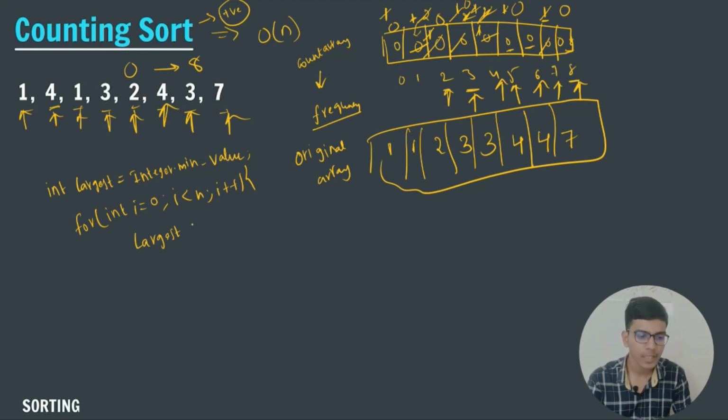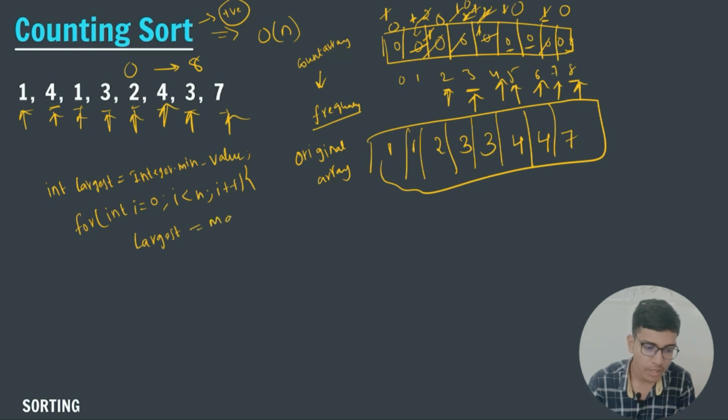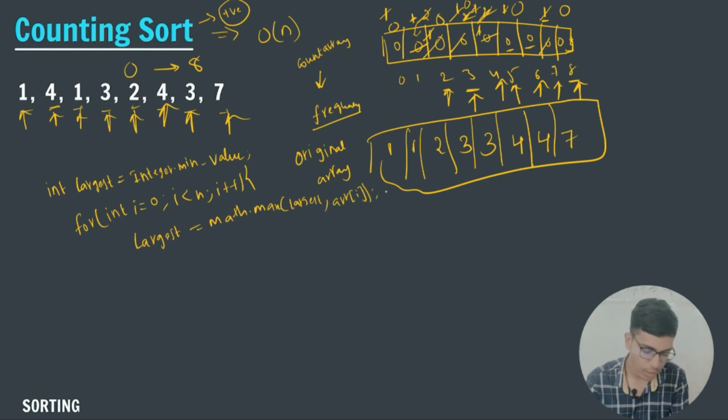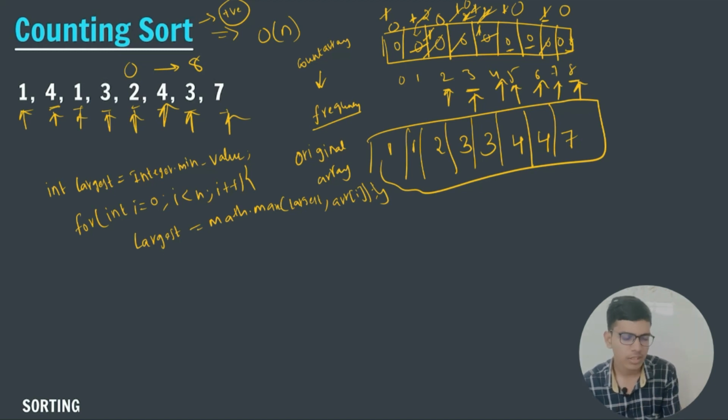Now to find the largest, I am comparing Math.max of largest comma arr of i. So this is how I'm going to find the largest, by running a loop over the given array.